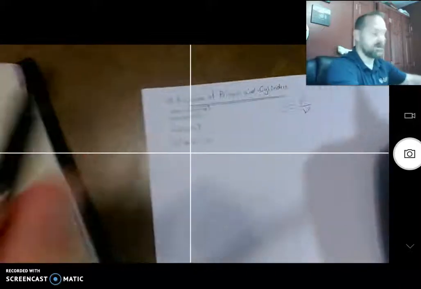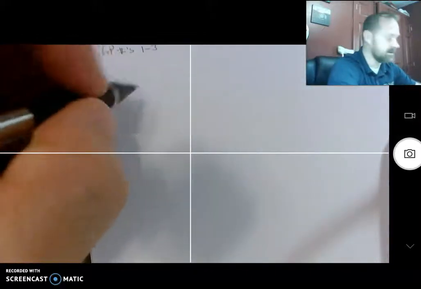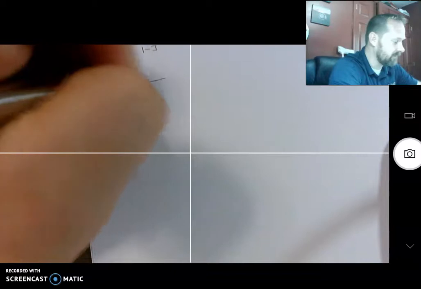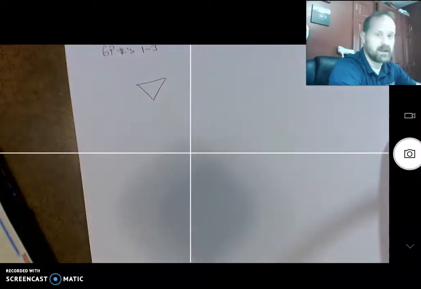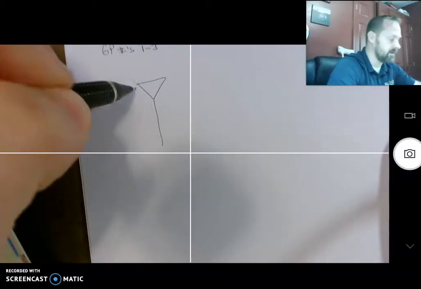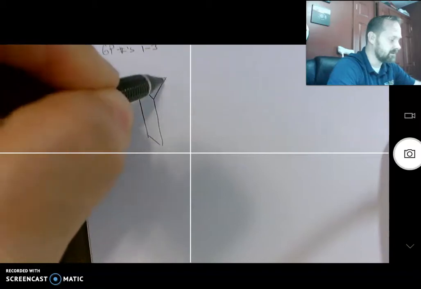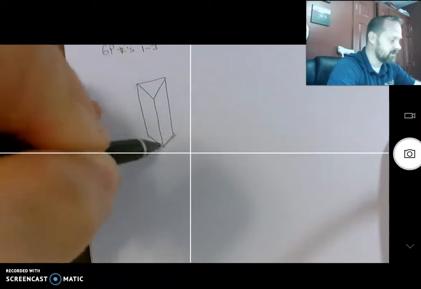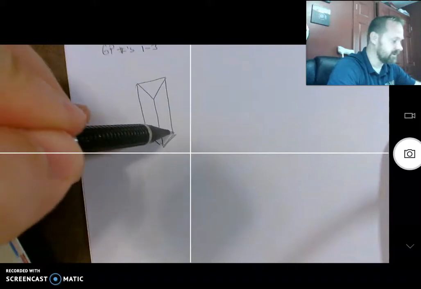So if I wanted a trigonal prism, if I drew that, that'd be a trigonal prism.